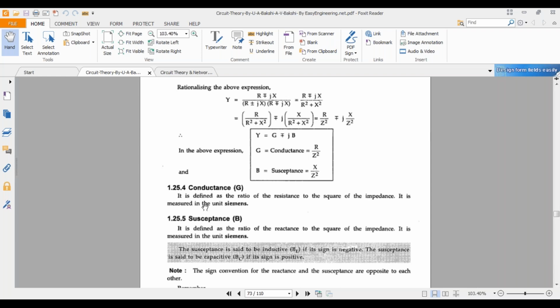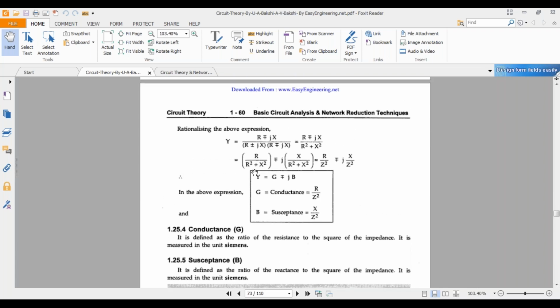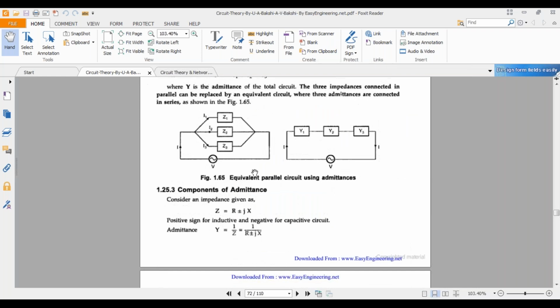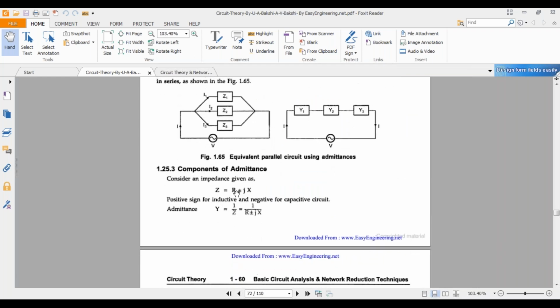Similarly, the third term to be understood is impedance Z. Impedance is the combination of resistance and reactance.